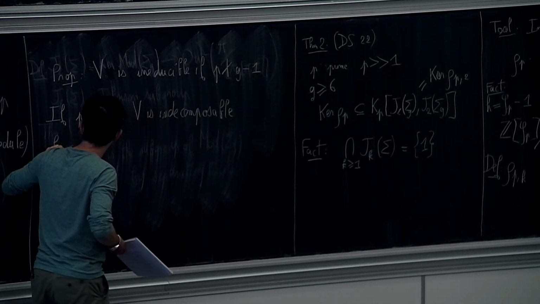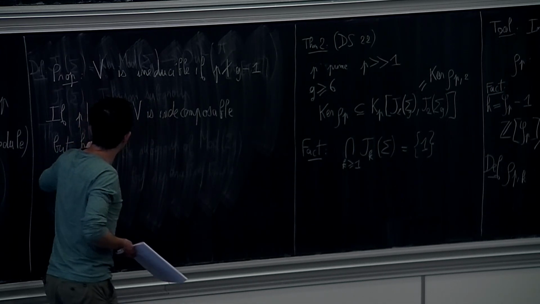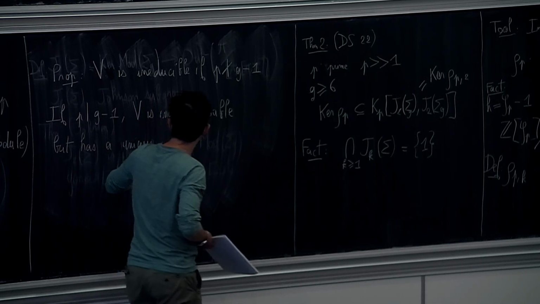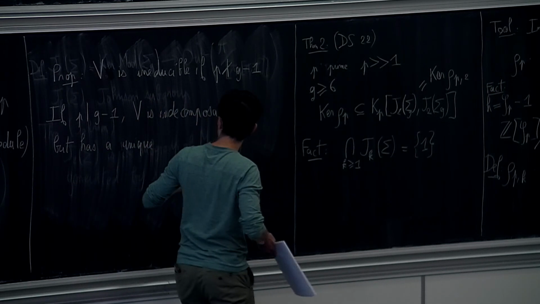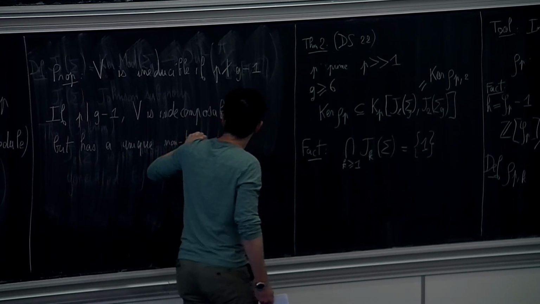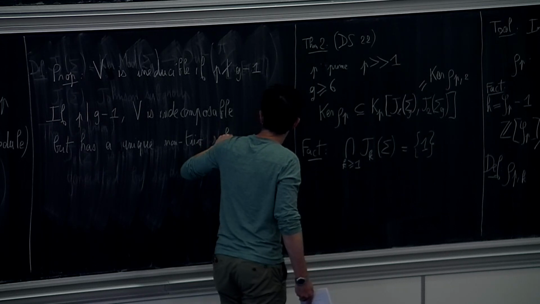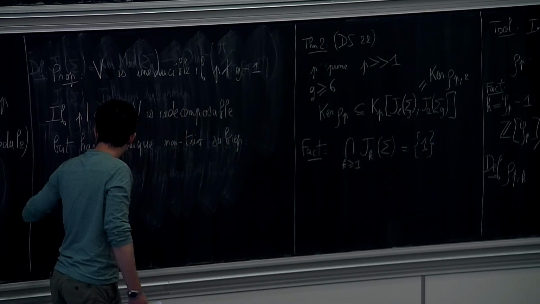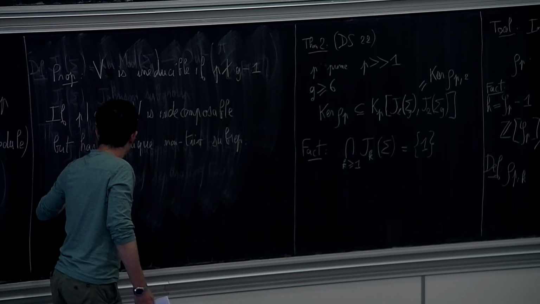But it has a unique proper, non-trivial subrepresentation, which is the kernel of the following map, the map kappa bar.